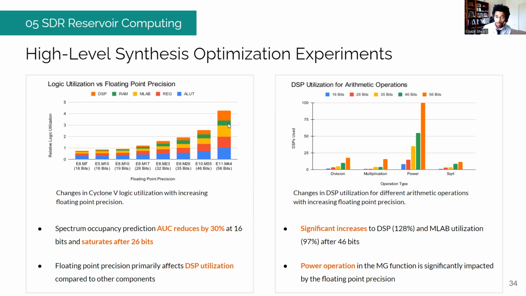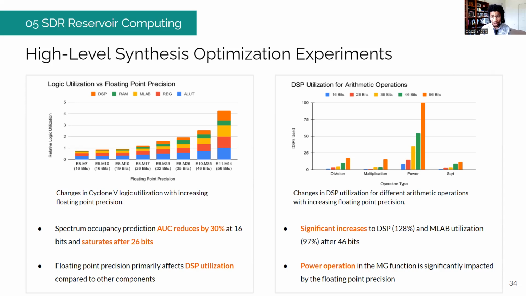Additionally, the DSP utilization was the number one thing that was affected, but the MLAB utilization, which is the memory logic array blocks, was also impacted quite a bit, especially when we transition from 46 bits to 56 bits. On the right side, a little bit of the reason for this DSP increase was explored.